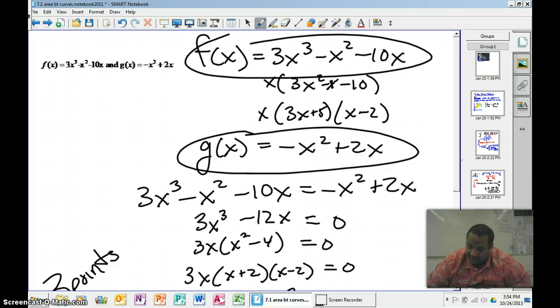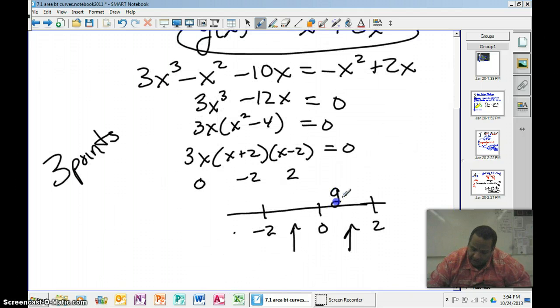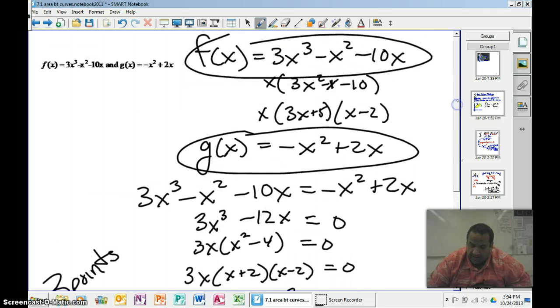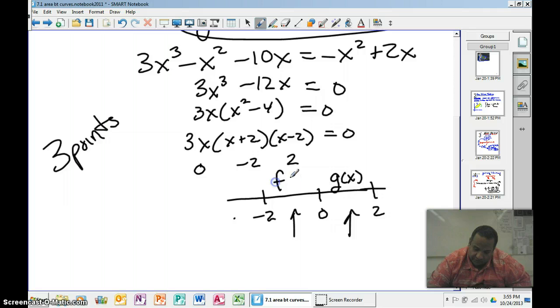So g of x is actually greater here. Let's check -1. When I plug in -1, I get -3. I plug in -1, I get -3 minus 1 is -4, but then this becomes positive 10, I get 6. So f of x is actually greater here.